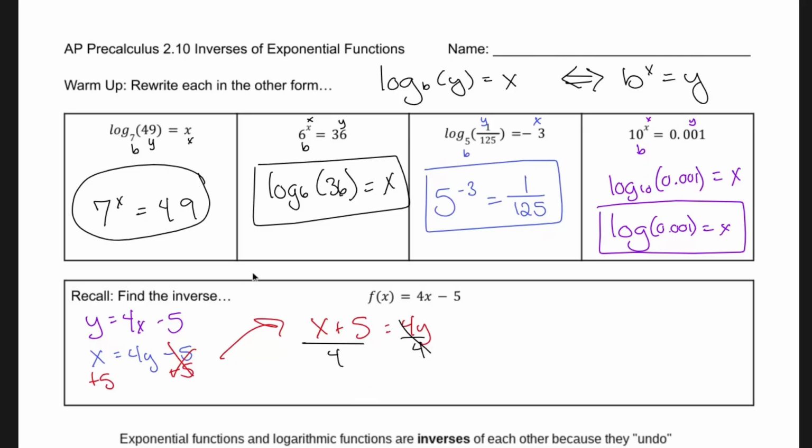I'm so sorry, guys, I'm sorry. When I first said it, I sounded very apologetic, very sincere. X plus 5 over 4 is equal to y, so we'll swing it over here. But you know what? I can't leave it like that. Y is f inverse, so f inverse is equal to x plus 5 over 4.